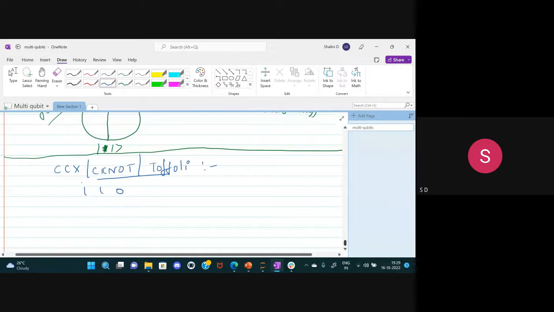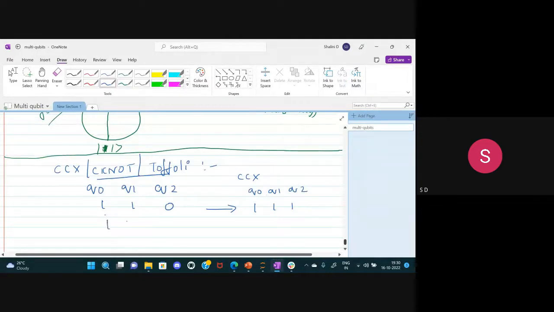Okay. 110. I will write neatly a little bit. So Q0, Q1, Q2. You have 110. After applying CCX, we will get 111, because the first and second qubits are 1 1, so the third qubit is flipped to 1.